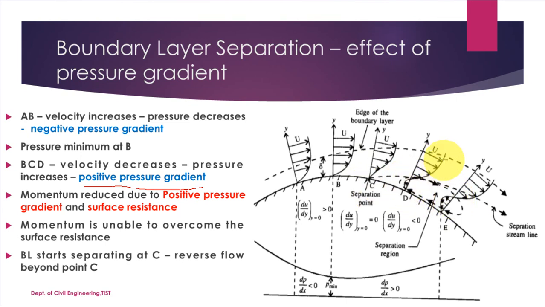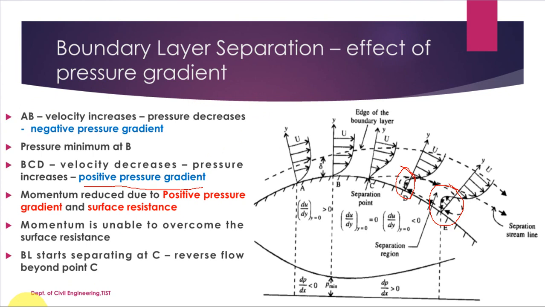See, this is the velocity profile. The direction of velocity is changed. See, at E and D you have a reversal of direction of velocity. Eddies are formed and there is separation of the boundary layer. So this is the explanation of boundary layer separation considering the effect of pressure gradient.